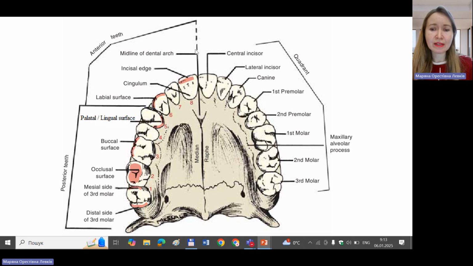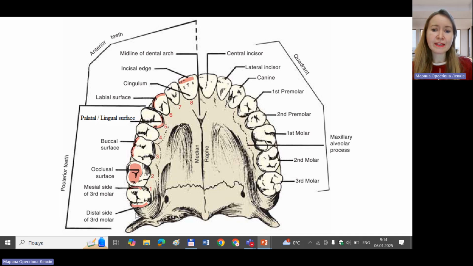For dental practitioners, it's essential to be aware of the names of the tooth surfaces. In general, we name the teeth posterior and anterior. Anterior is from the canine to canine; posterior includes the premolar and molar groups.